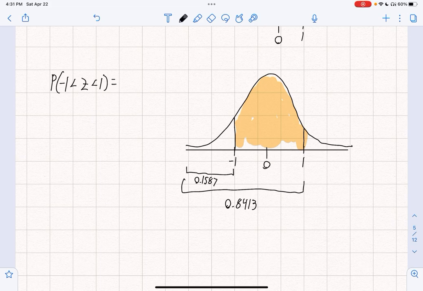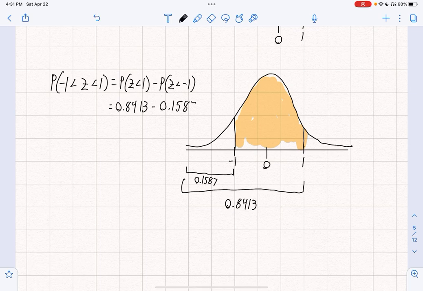So to do that, I can just simply subtract these numbers. So I'll rewrite this as probability of z less than 1 minus the probability of z less than -1. So this will be 0.8413 minus 0.1587.